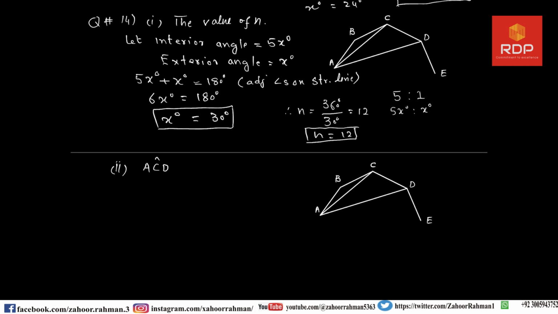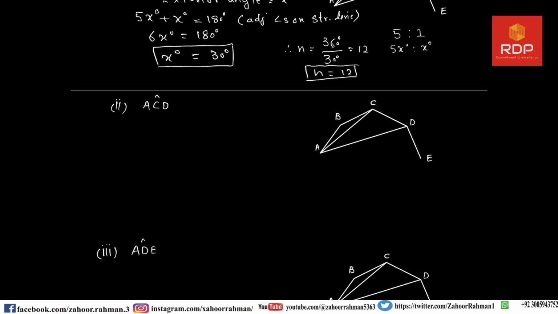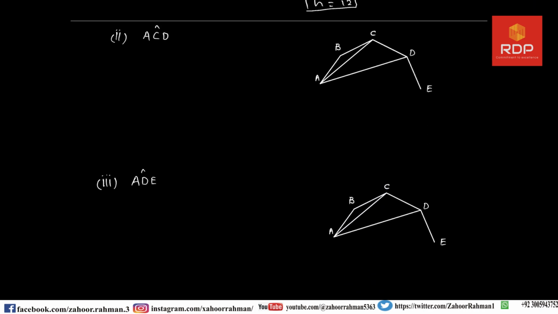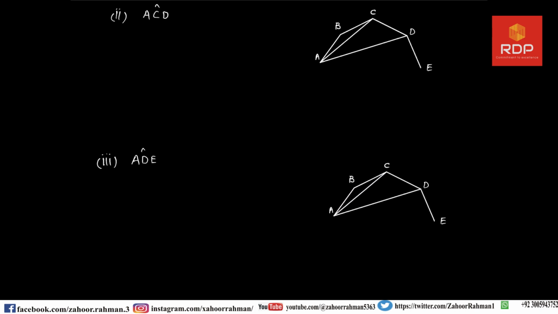Now the second part. I copied that figure here as well, so we don't have to go up and down repeatedly, and we will concentrate only on the question. In this second part, we have to find ACD, which is this angle.